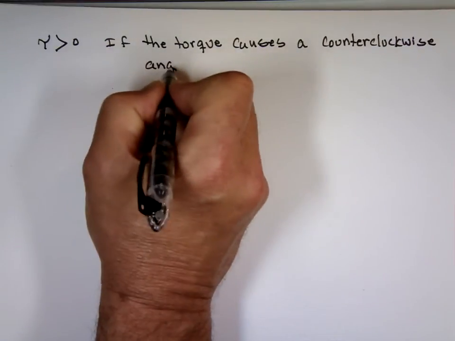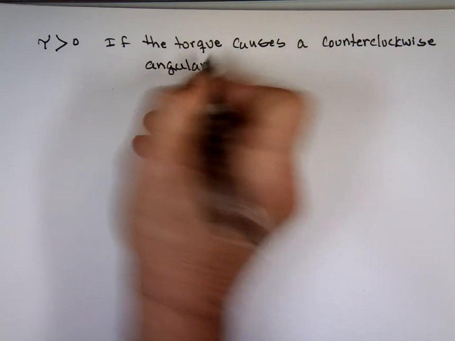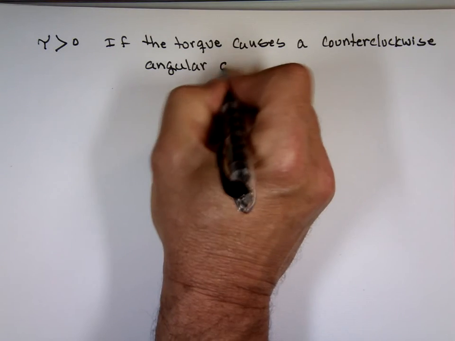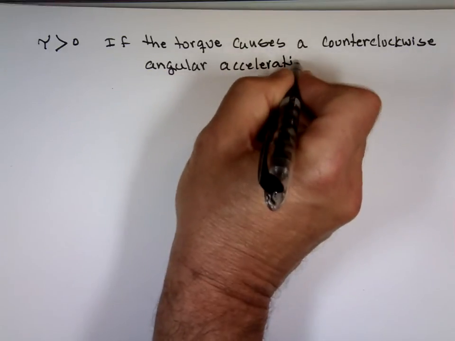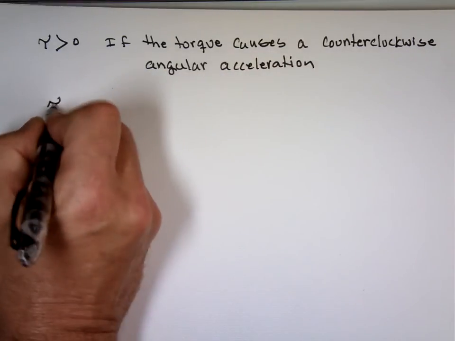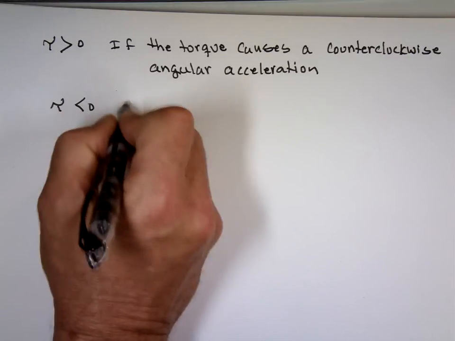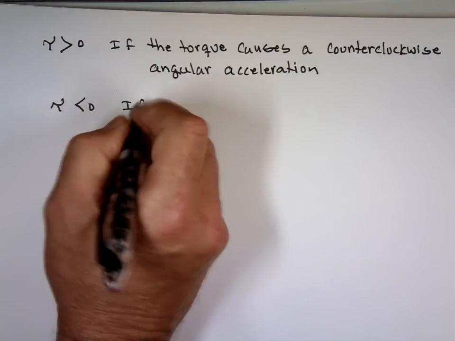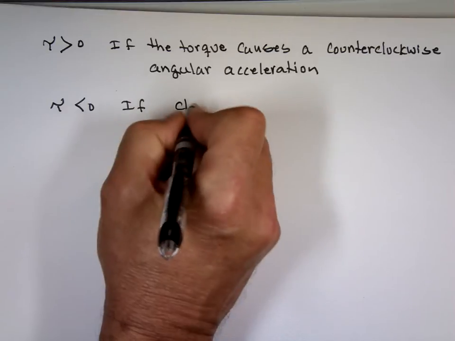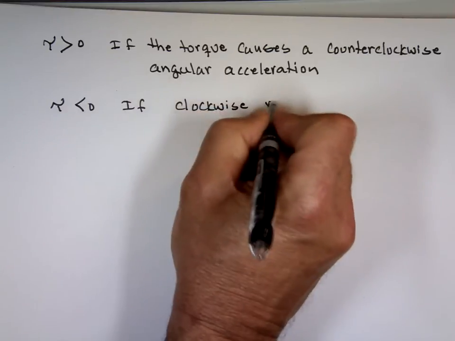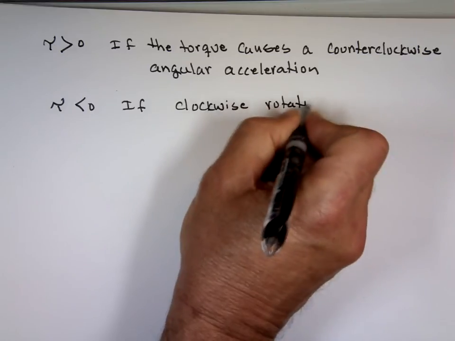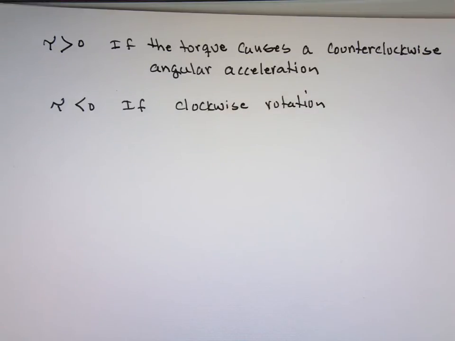Another way of saying it, if they start to spin counterclockwise. And the torque is negative if we have what? Clockwise rotation. Make it easier on us to say it.